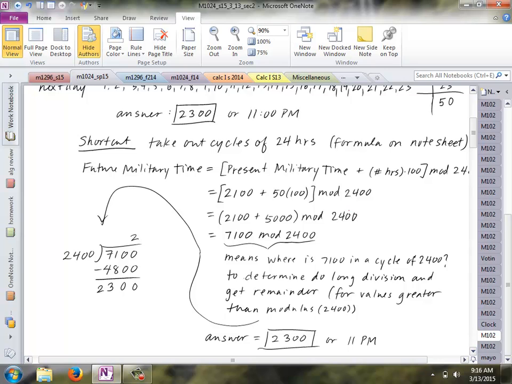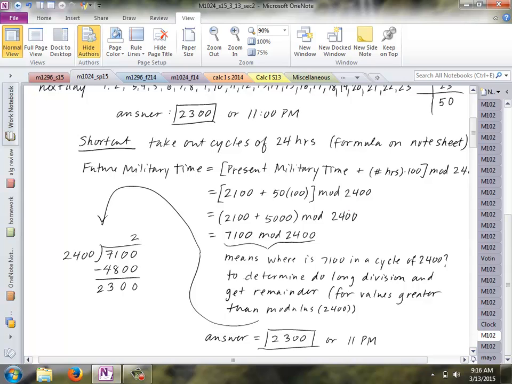The mod 2400 is the direction that says, take out the cycles of 2400. A shortcut is to just do long division and look for the remainder. We've been doing that when converting between different base number systems, different place value systems. So here we do that division. 2400 goes into 7100 2 times, and what we actually care about is the remainder.